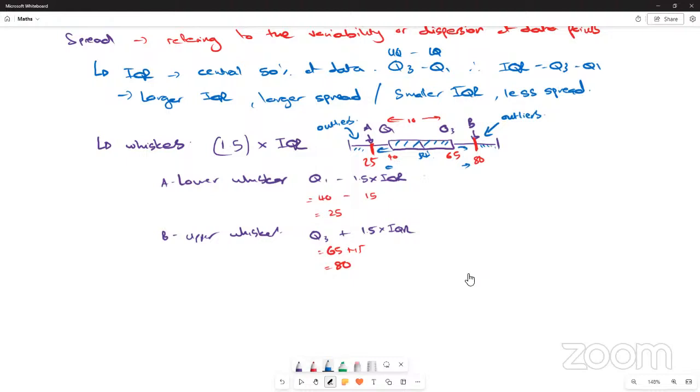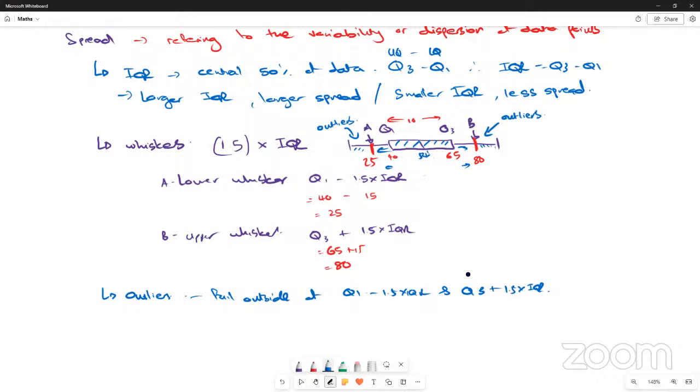Okay, then there's the outliers. So let's have a look at outliers. Outliers are points that fall outside the range of the whiskers, like I said, right? They fall outside of Q1 minus 1.5 times IQR and Q3 plus 1.5 times the interquartile range.